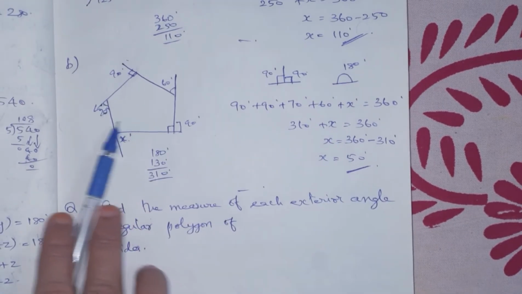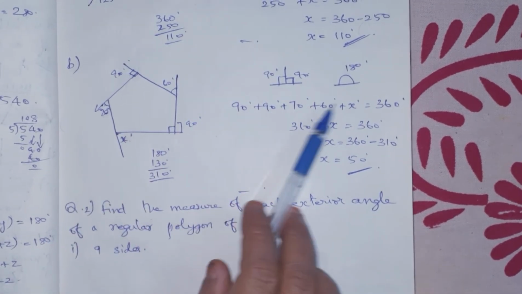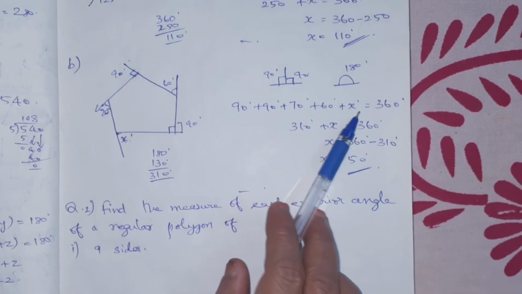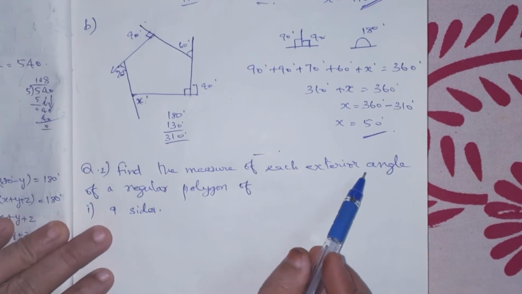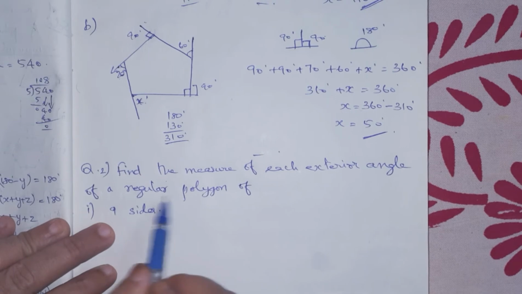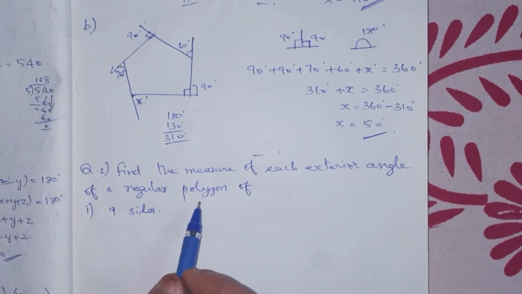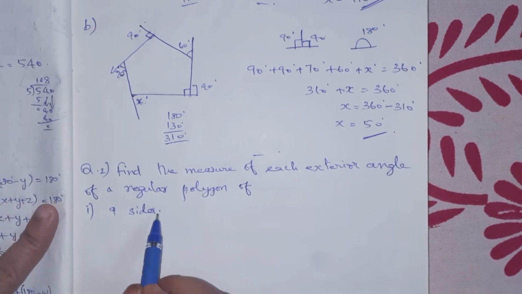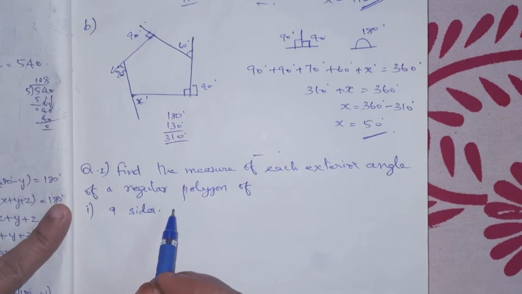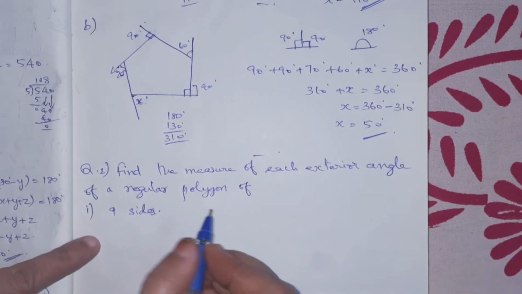Here the exterior angle is asked for a regular polygon. A regular polygon has equal sides, and equal sides mean equal angles also. So 9 sides have the same angle.